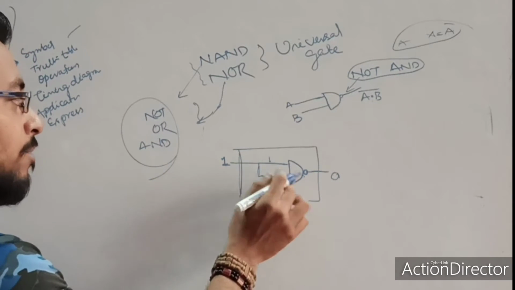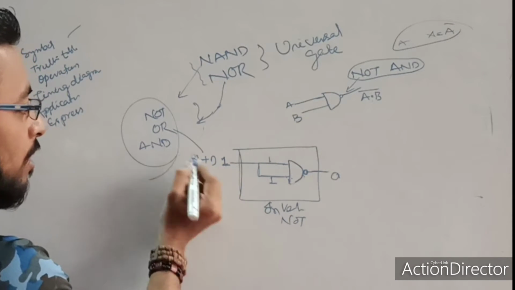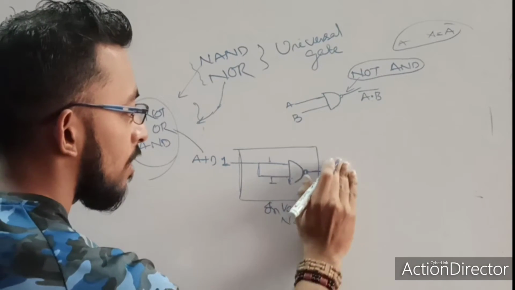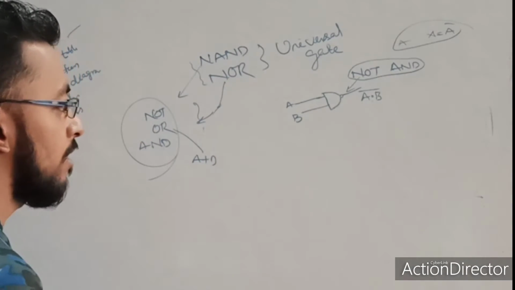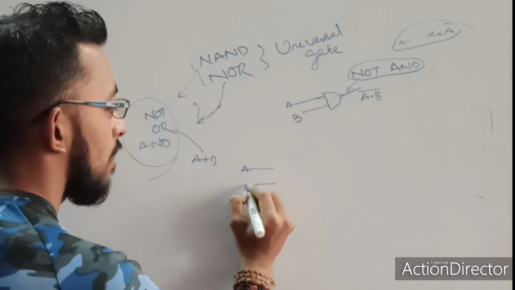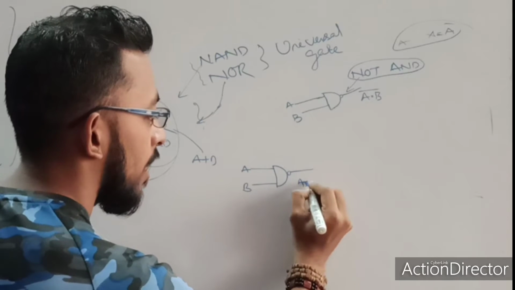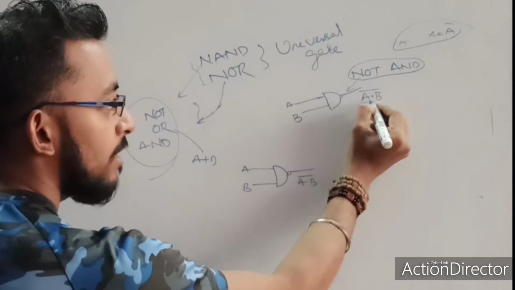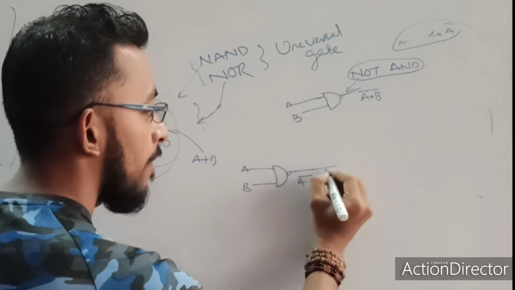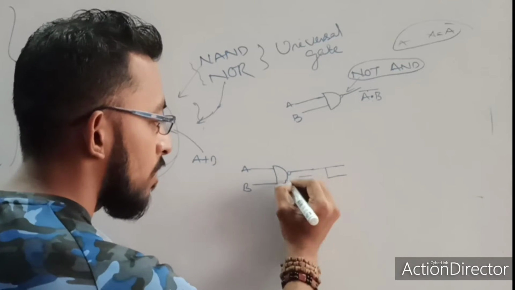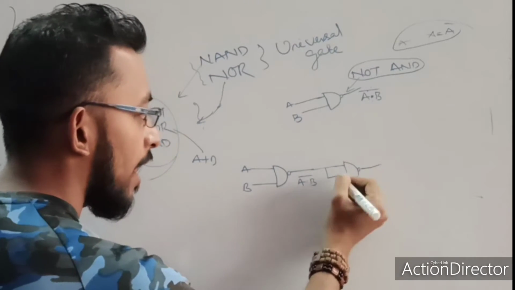Similarly, this NAND gate can be used to form OR and AND. Let's take this NAND gate with inputs A and B, and this is the output of the NAND gate, which is nothing but A dot B bar. As I said, this is the AND operation followed by NOT. I am going to use this output in an inverter again, meaning another NAND gate.